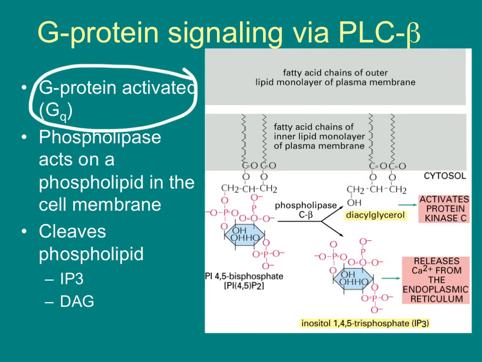And so now what it does is it releases this inositol ring that has 3 phosphates on it. What do we call that? That is IP3, inositol, 3 phosphates, IP3. And the molecule that's left in the membrane, it's still bound to a membrane. It's called diacylglycerol, or DAG.